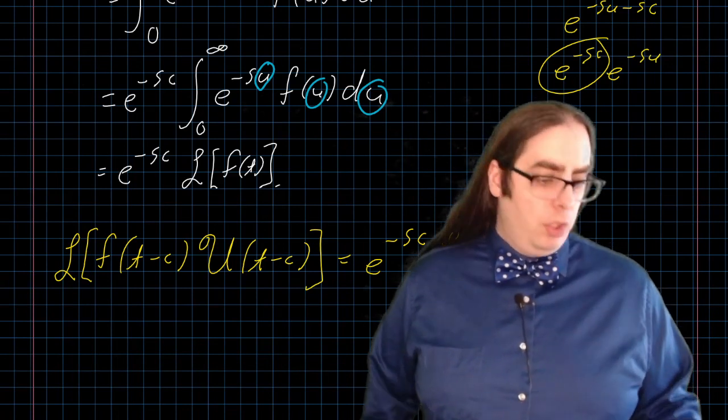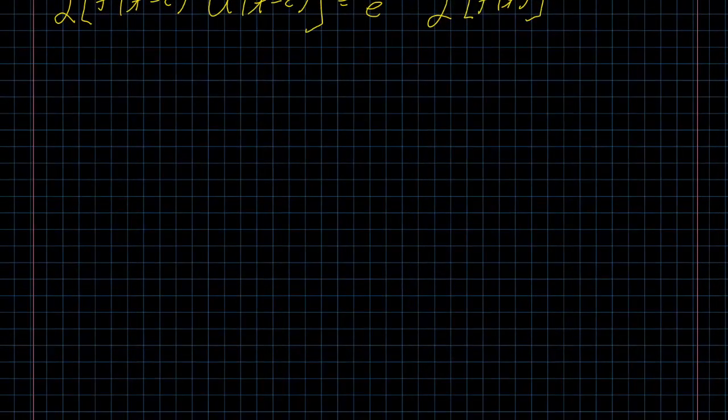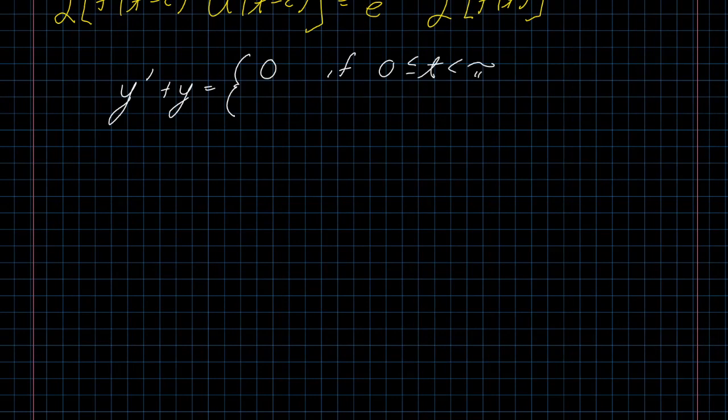If we're solving a differential equation where the right-hand side, the driving function, is a piecewise-defined function, for example, y prime plus y is equal to the piecewise-defined function 0 if t is between 0 and pi, 3 cosine t if t is greater than pi, along with the initial condition, say y of 0 equals 5.